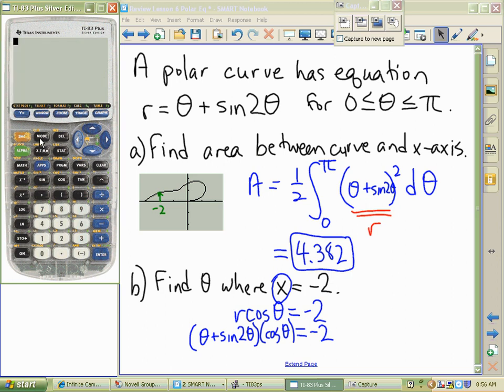Ask that again, Nicole, while I do this. No. Won't give you theta. Let's see, we'll add 2. We'll do this between 0 and pi.